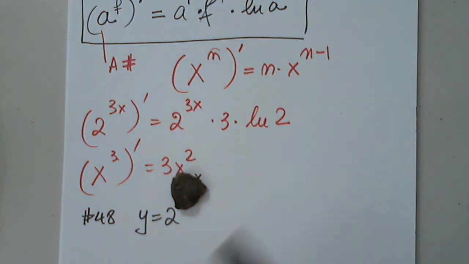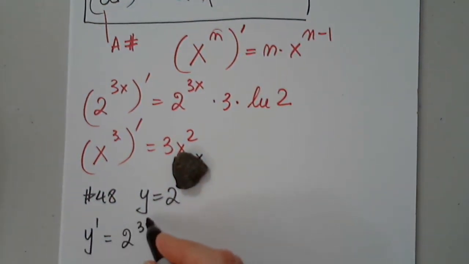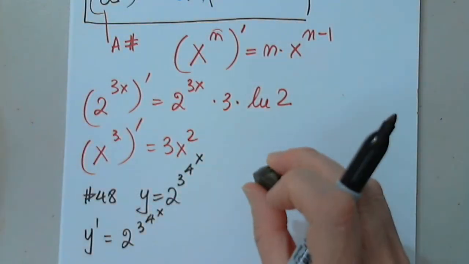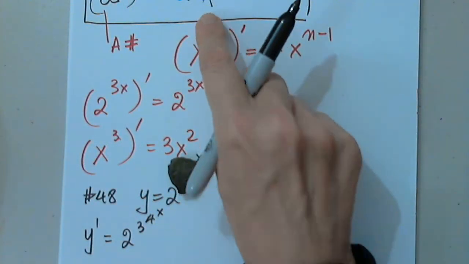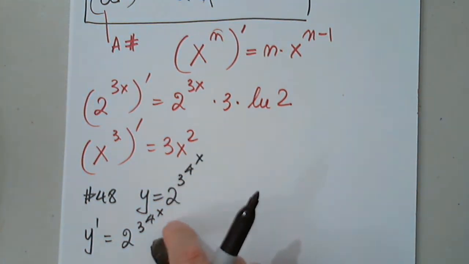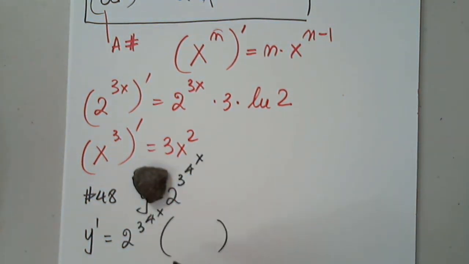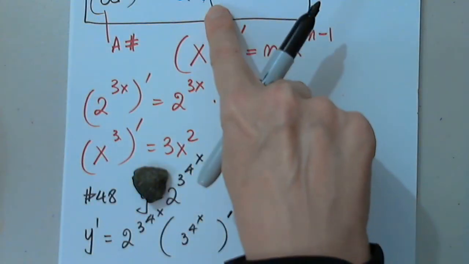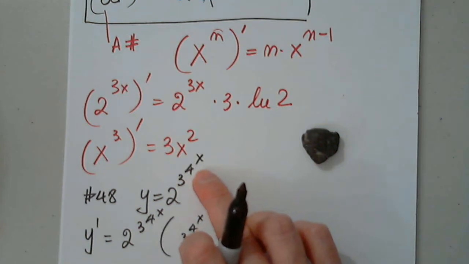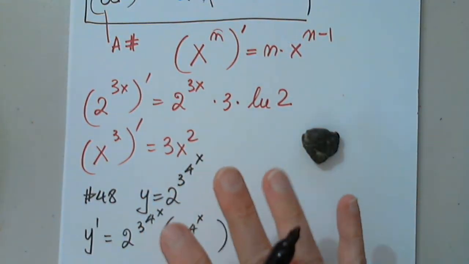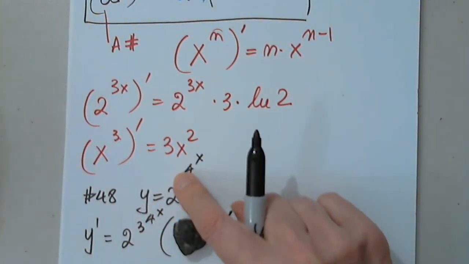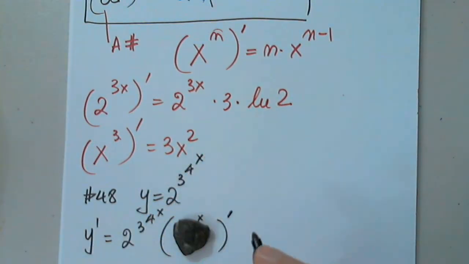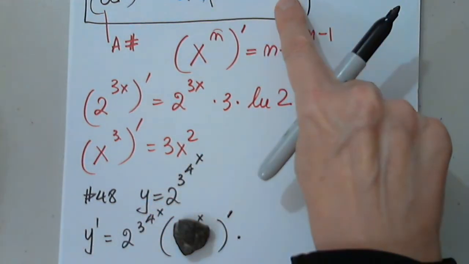So when I differentiate, I have to write the function as is, 2 raised to 3 raised to 4 raised to x. Then I have to differentiate this function. So let's write it in parentheses for now: 3 raised to 4 raised to x, prime, leave it alone. So I copied the function as is. I wrote the function prime without differentiating, let it wait for a moment, times what?